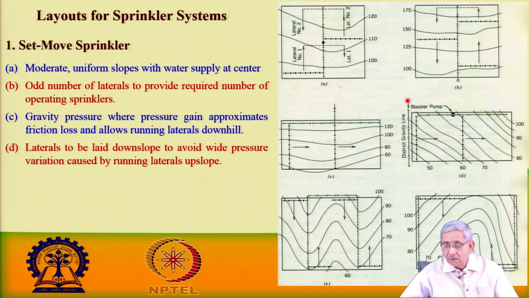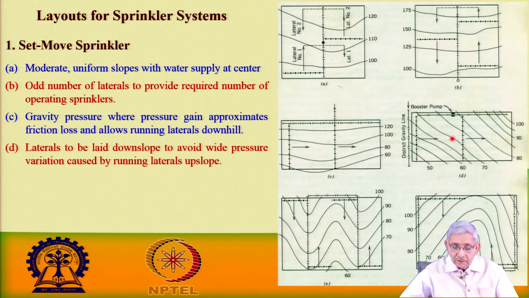This is the main gravity pipeline which is being followed, and from there the water is supplied by using a booster pump in the main pipeline, and then laterals are connected and water is applied with the help of a sprinkler, and movement is taking place. So, laterals are to be laid down slope to avoid the wide pressure variation caused by running the laterals up slope. This kind of arrangement is given in this case.